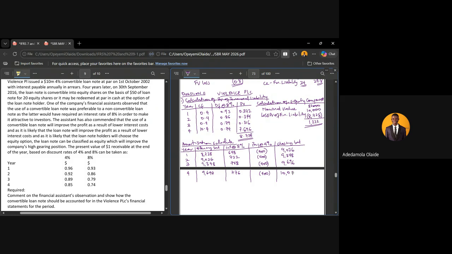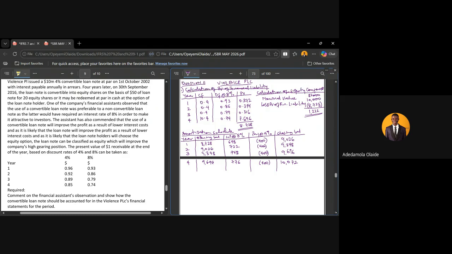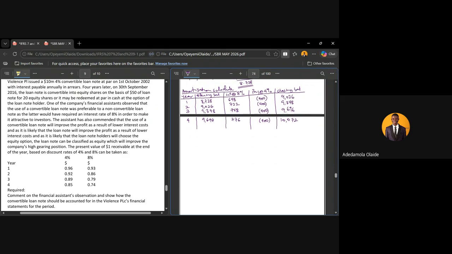The excess of 72 will be approximation difference. So we can actually adjust for it in the last year's interest, because what they will be paying will be 10 million if they don't convert to ordinary shares. So that is that.